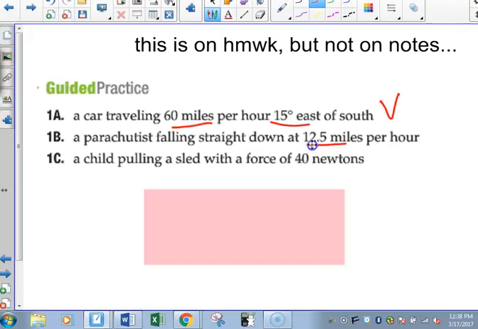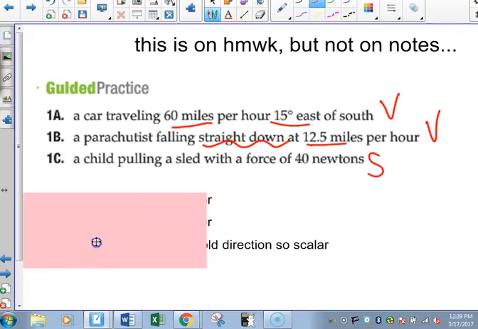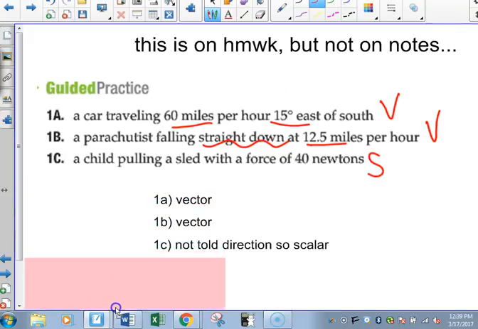It is a vector because straight down is a direction. A child pulling a sled with a force of 40 newtons. It is a scalar because we don't know, is the 40 newtons straight horizontal? Is there an angle to the rope on the sled? Okay. So make sure we got these right. We're good? Vector, vector, no direction, so scalar.